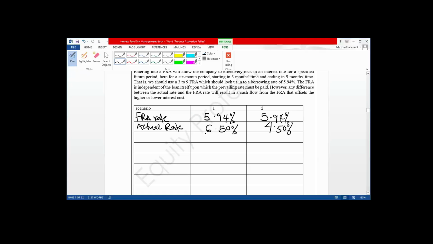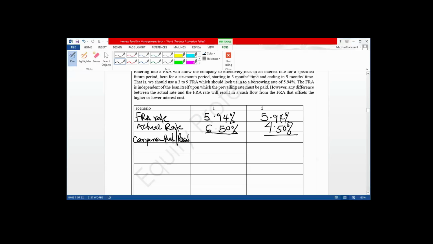The difference is the compensation. We have compensation paid or received.